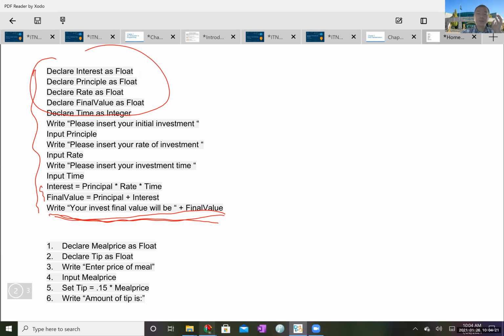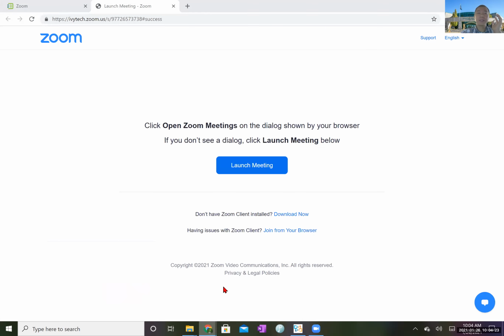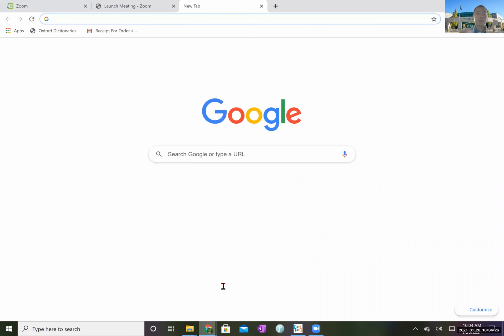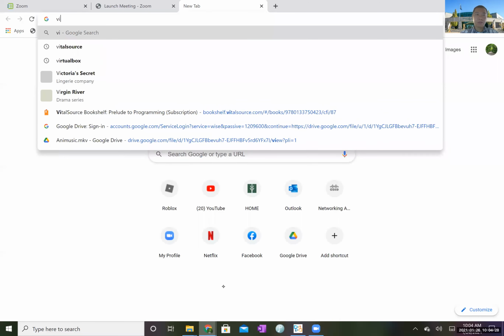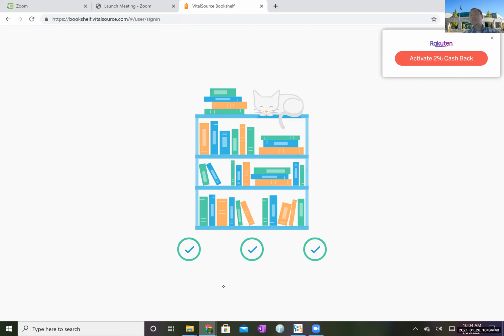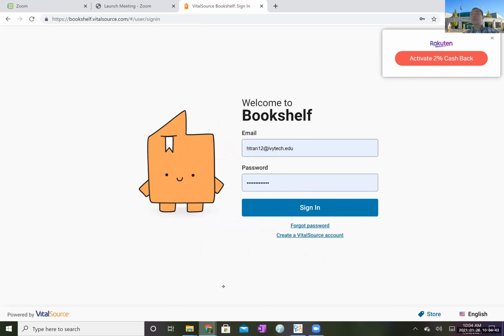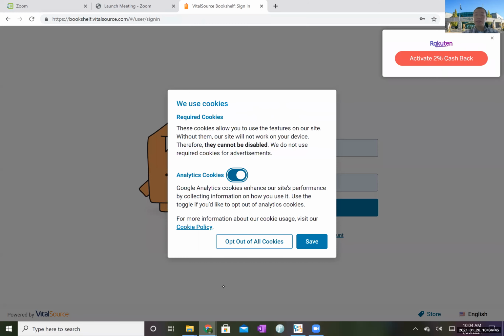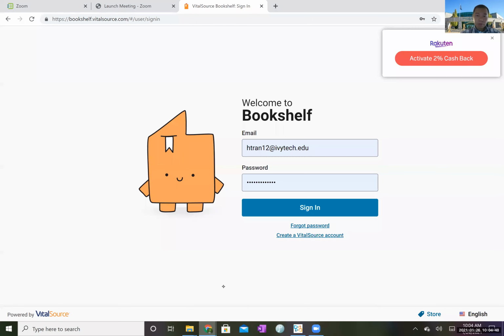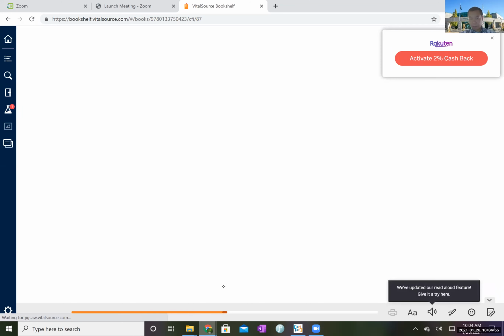For this one, if you look at the requirement, let me open the Python sort here. Yeah, so for this one, actually, they require you to print out both the interest and the total value. That's why you have to print out both the interest and, sorry, the final value here.